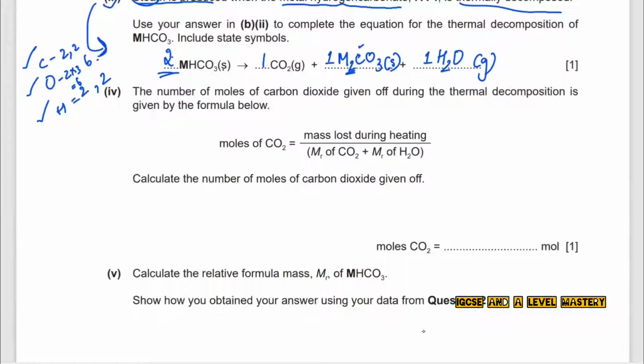Now, moving on to the next question. The next question says the number of moles of carbon dioxide given off during thermal decomposition is given by the formula below. So moles of CO2 is equal to mass lost during heating divided by MR of CO2 plus MR of H2O. So how do you calculate the mass lost during heating?